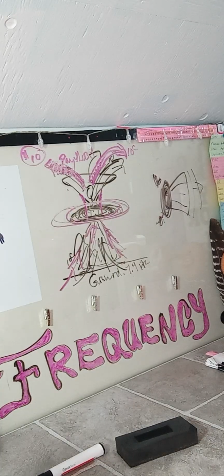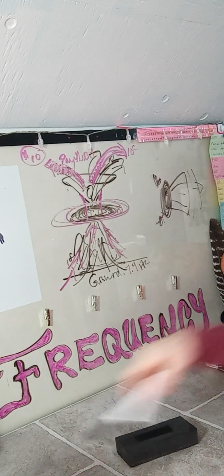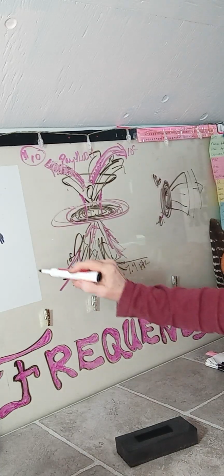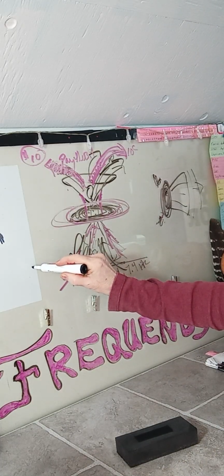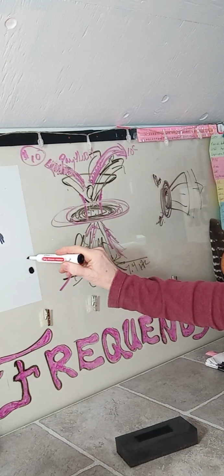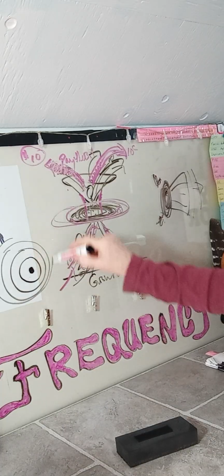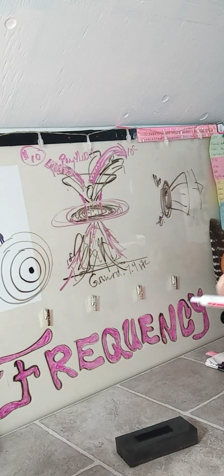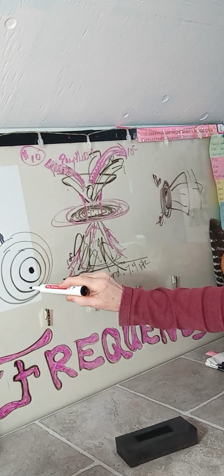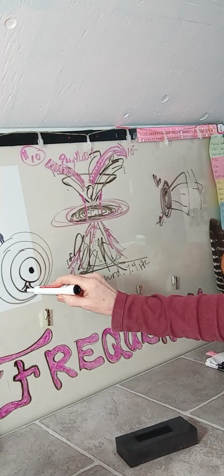Let's see here. You drop a drop of water into a calm pond. It ripples out from that in all directions. Can you see that? Yes. If there's a stone in that water, the ripples go around it.